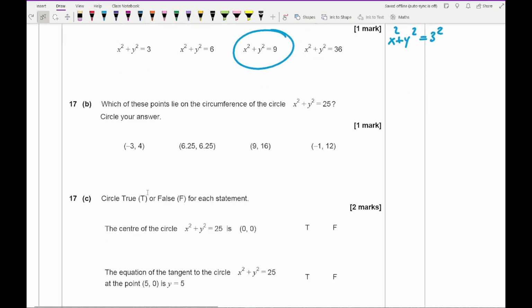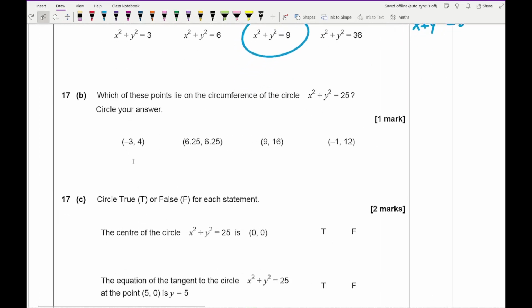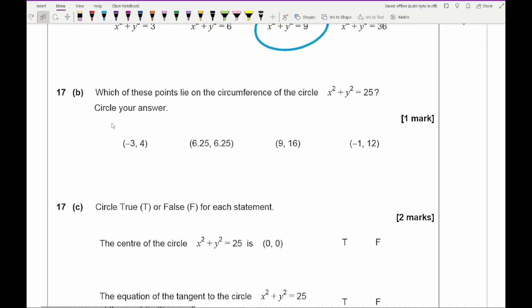Moving on to 17b, it says which of these points lie on the circumference of the circle. So what we're looking at here is we need to substitute x equals the x ordinate and y equals the y ordinate, and I'm looking for which answer gives me 25. So here I end up with minus 3 squared plus 4 squared is going to give me 9 plus 16, which is 25.